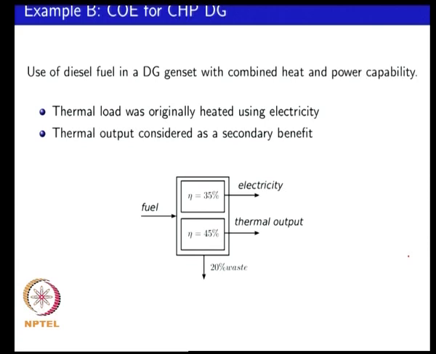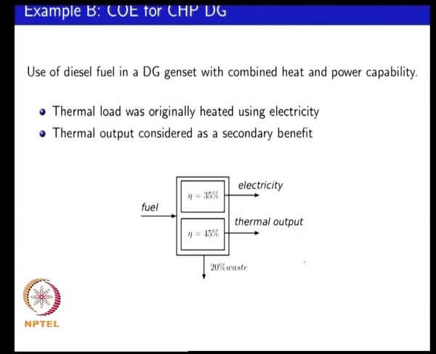In a second situation, we looked at when you are operating this genset as a combined heat and power unit, where the diesel fuel is being converted into electricity with a given efficiency, and the waste heat is also being captured with some given efficiency. Based on the fact that you could make use of this thermal output, which might potentially be originally heated from electricity, you can then calculate what your benefit is.